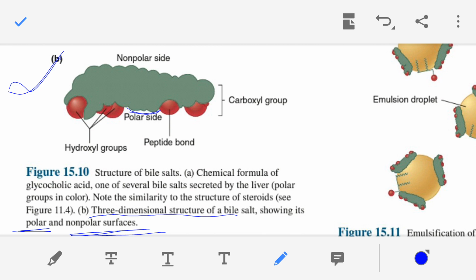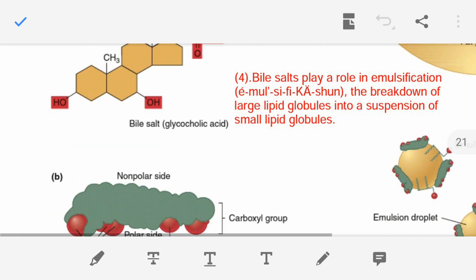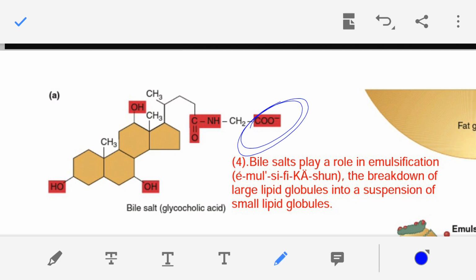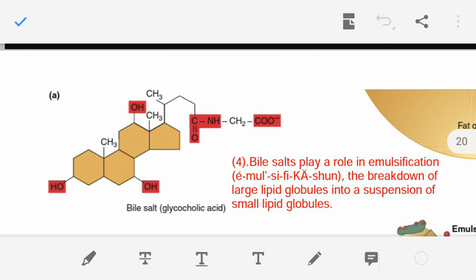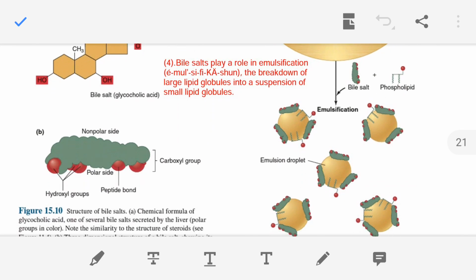So this surface is the polar surface of the bile salt, and this one is the non-polar surface. Here the carboxyl group is present, then red-colored hydroxyl groups are present. The hydroxyl groups are shown in red.